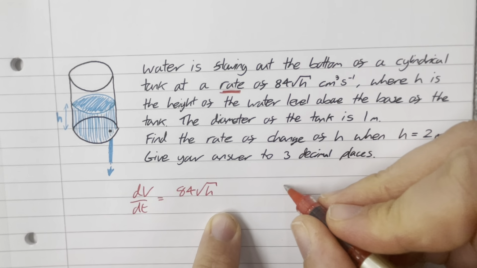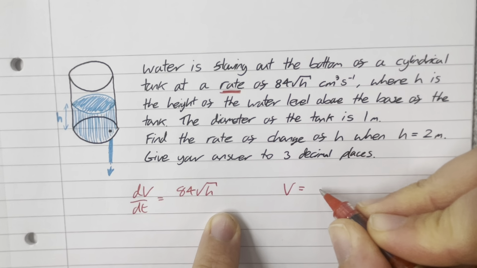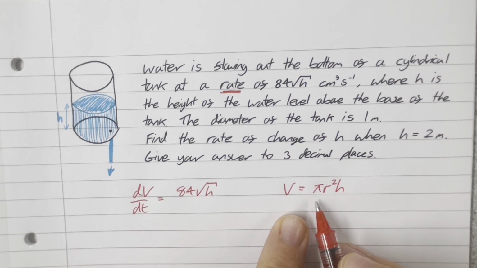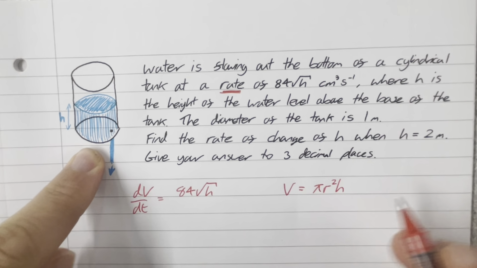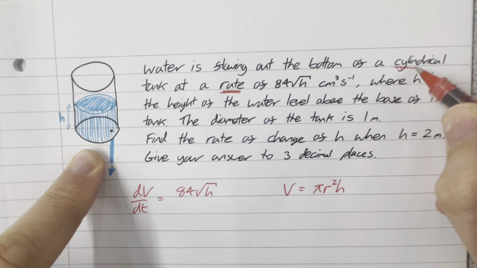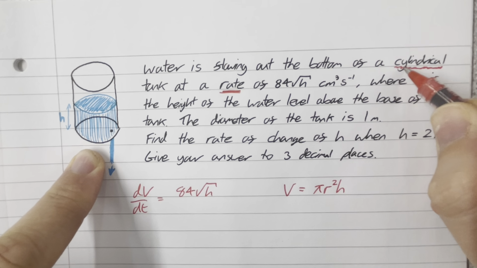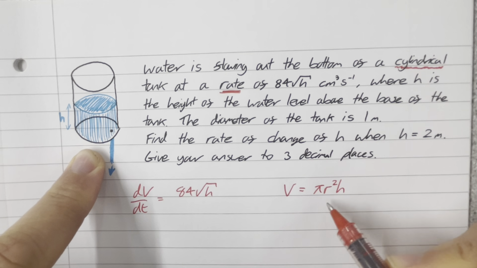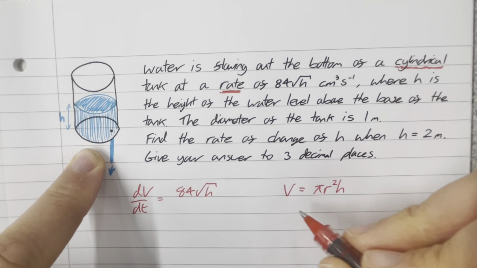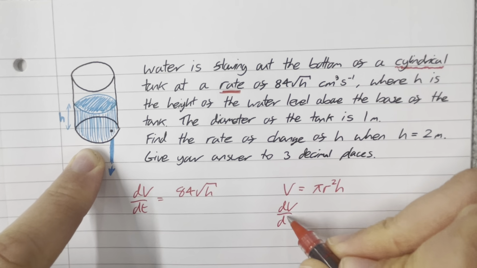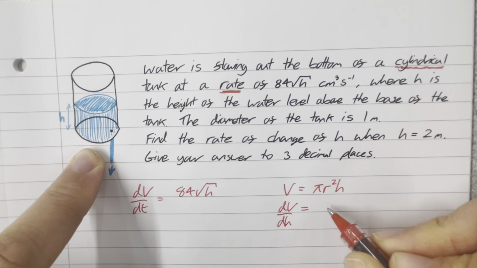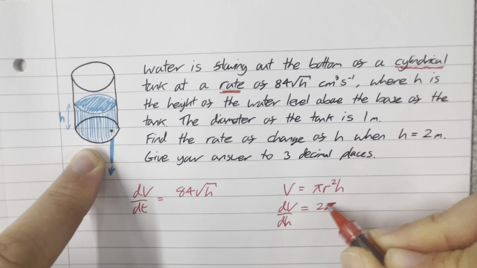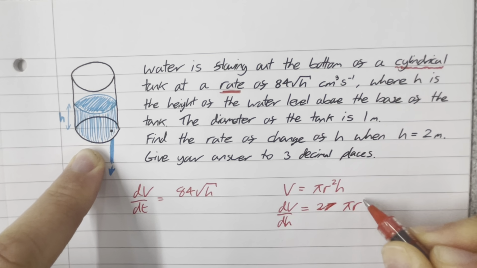Now we also know that V is pi r squared h, because that is the volume equation for a cylinder. And we're told it's a cylindrical tank. Okay, that word is there for a reason, because we need to work out the volume in terms of h, because we're going to need dV by dh. Which is going to be 2 pi, no it's not, it's going to be pi r squared.